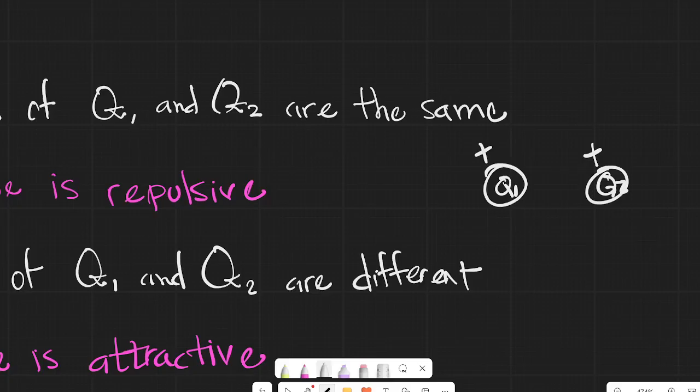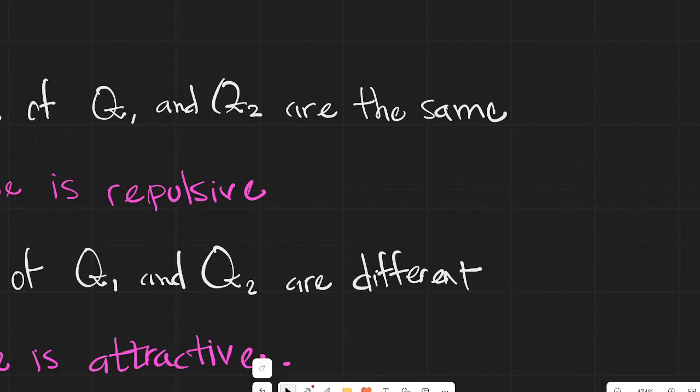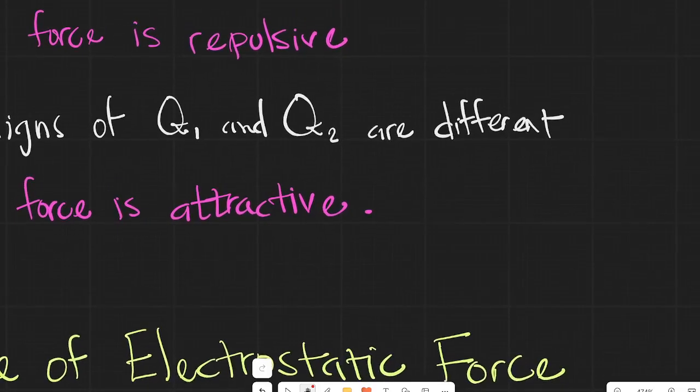Because their charges are the same, these are going to repel each other. So the force of Q2 on Q1 is going to act to the left, and then the force from Q1 on Q2 is going to act to the right. And so that's a repulsive force.